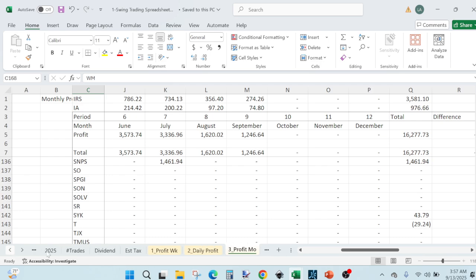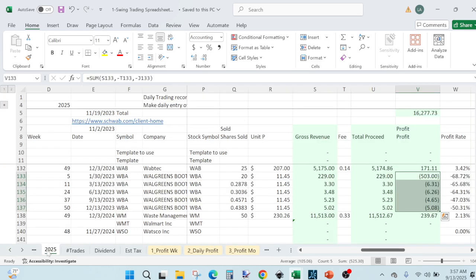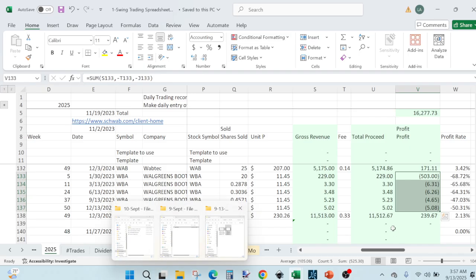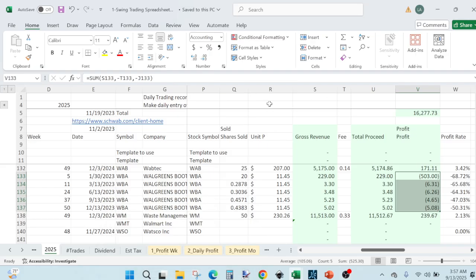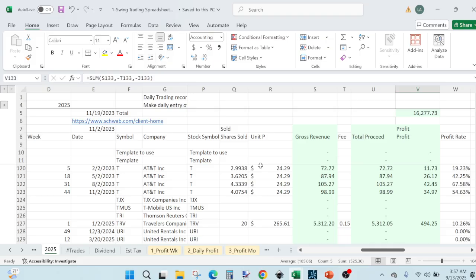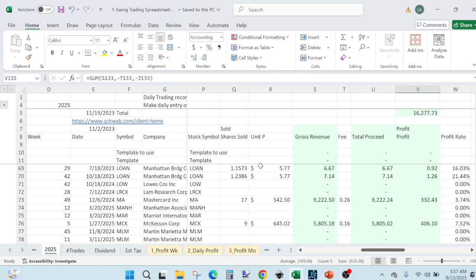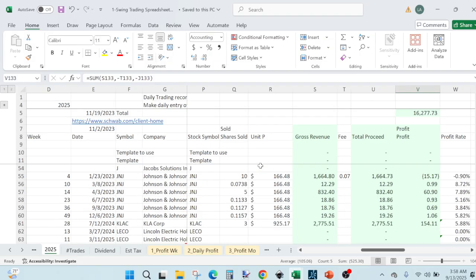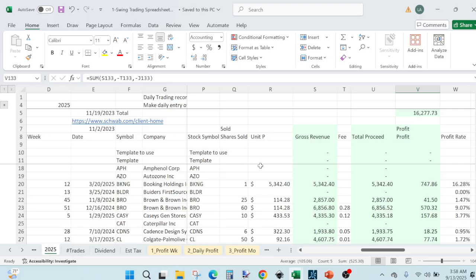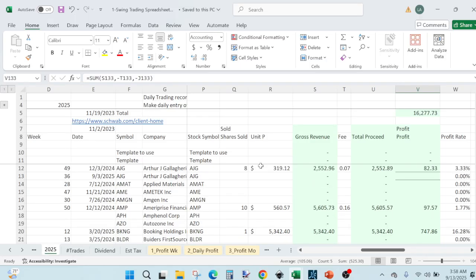That way, when it's time to make an estimated tax payment, you know how much you need to deposit or pay. So we are going to record those together, and I'm sure you'll be able to pull a PDF version of those trades from your brokerage account as well, which you'll access during tax season.